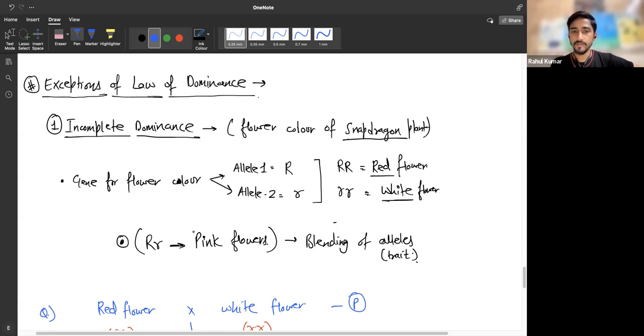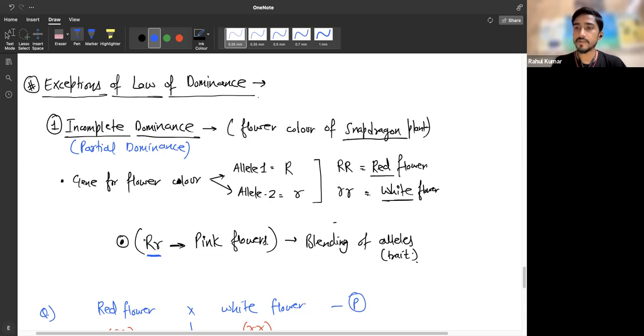Incomplete dominance means that when these two alleles are present in a heterozygous state, the red is not able to dominate over the small r. So there is no complete domination. That's why it's called incomplete dominance, or in some books, partial dominance, because R is not completely dominant over small r. Hence this combination cannot give rise to red flowers.